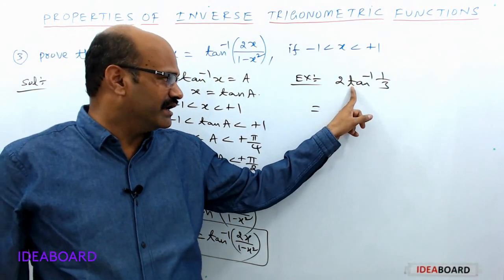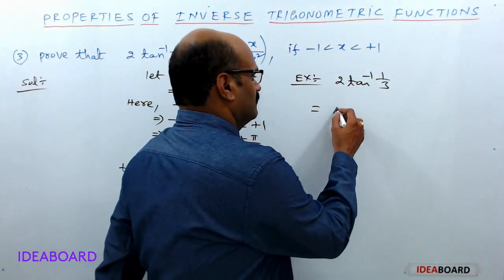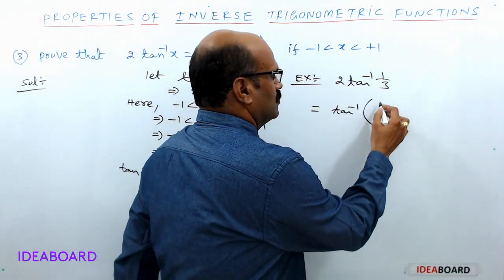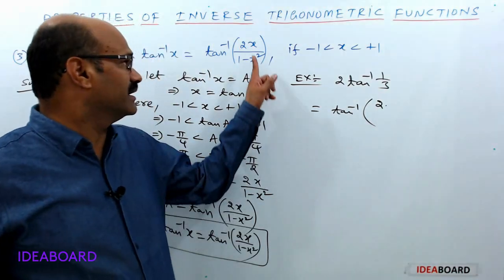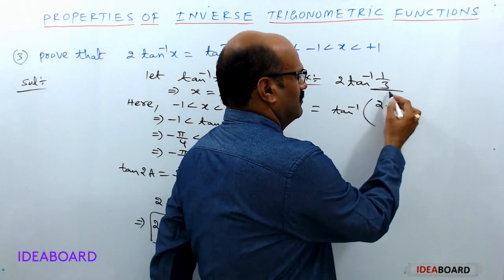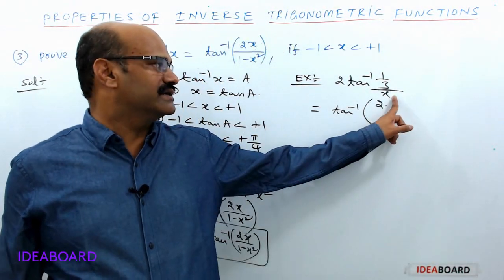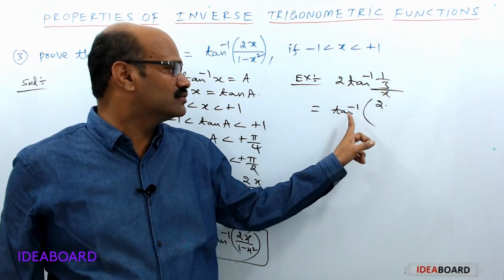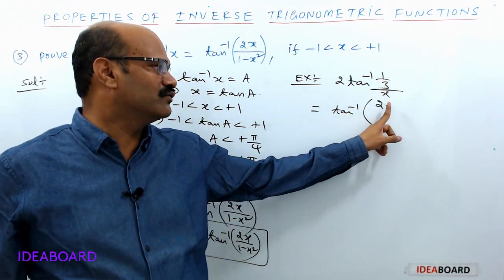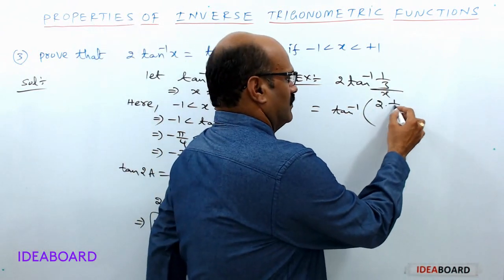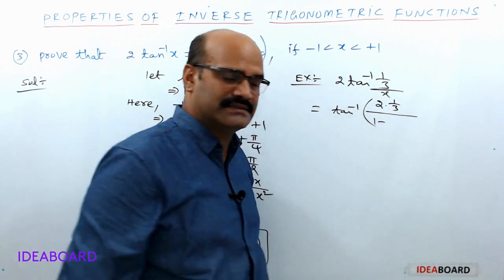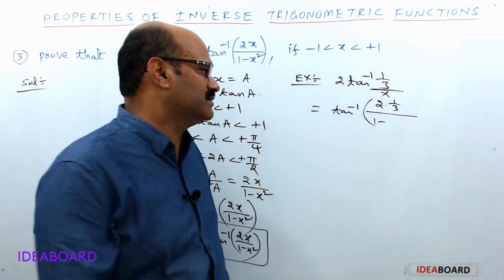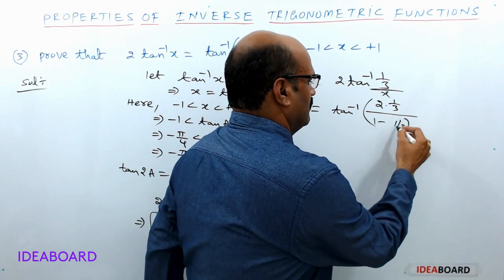So we have to take tan inverse of 2 into x, here x equal to 1 by 3, whole by 1 minus x square, 1 by 3 whole square.